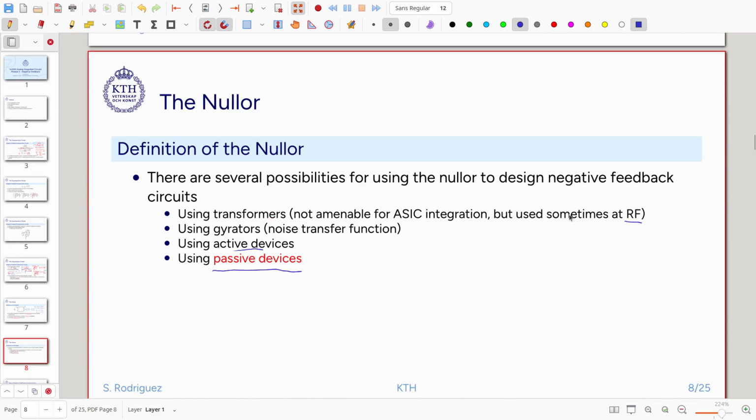Something that we saw in the previous lecture is that amplifying devices, transistors, are intrinsically non-linear devices. So in order to design linear amplifiers, we will prefer to use passive devices in the feedback. There are many situations in which you have negative feedback with active devices, and we will introduce some of these examples.